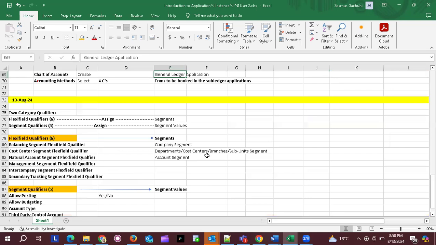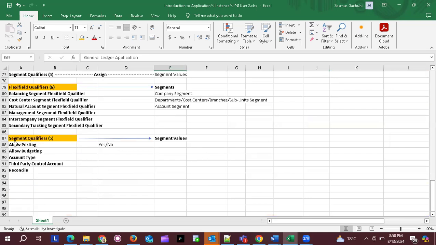So the moment we allow posting, it means we can update the data of that account if we select yes. If you select no, it will not be able to be updated when we are posting the information coming from the subledger accounts.